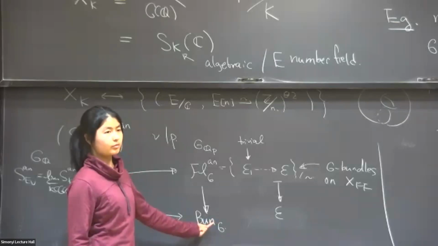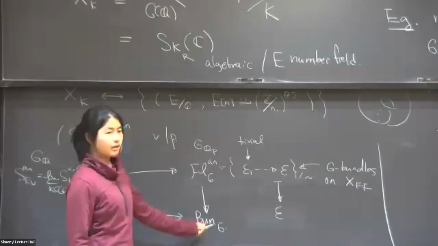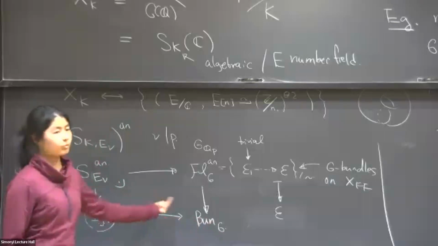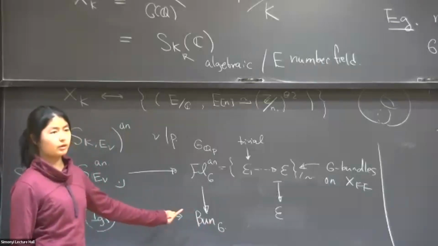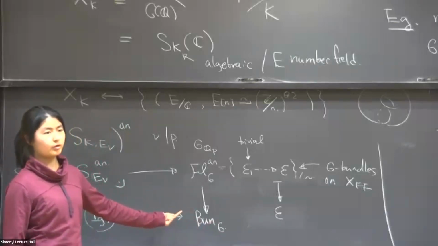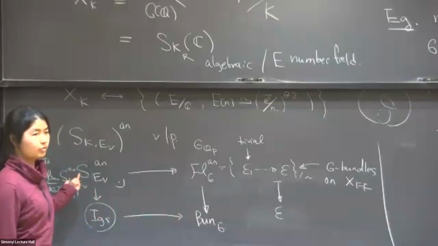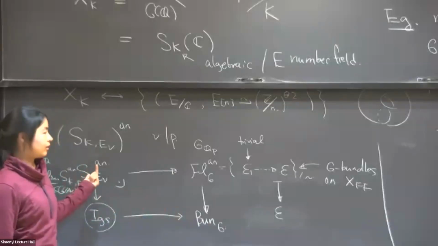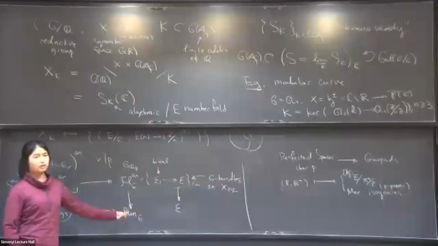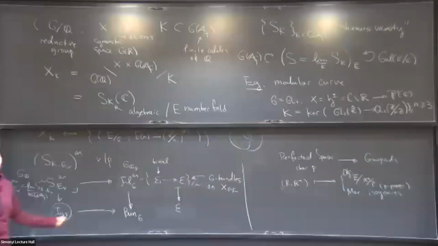This is already some type of vanishing. And if you understand the pushforward sheaf better, for example, you know that it's semi-perverse or perverse in the case where the Shimura variety is compact, then you would even know the cohomology degrees that it concentrates in.